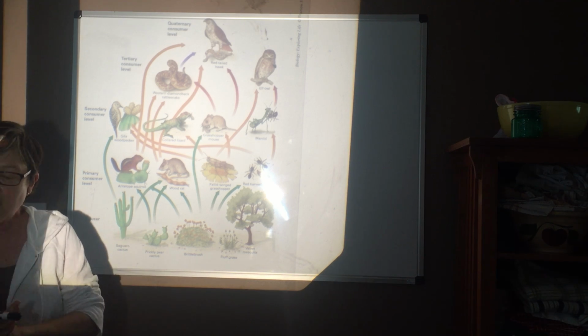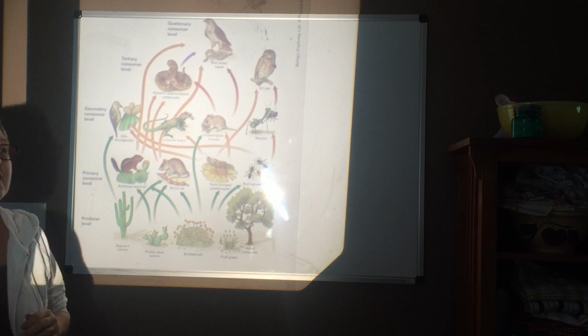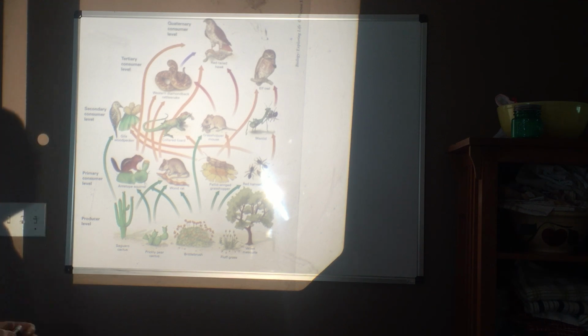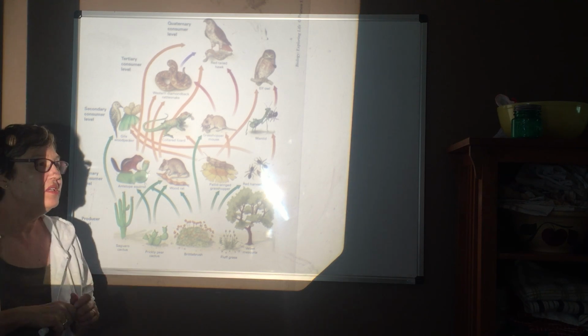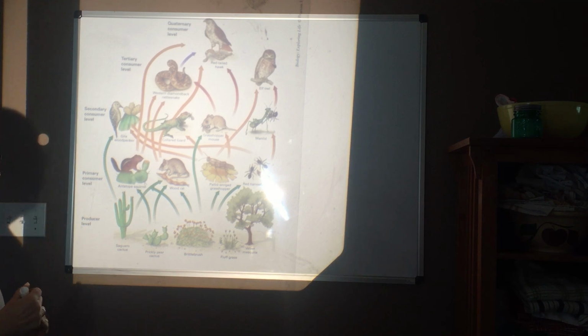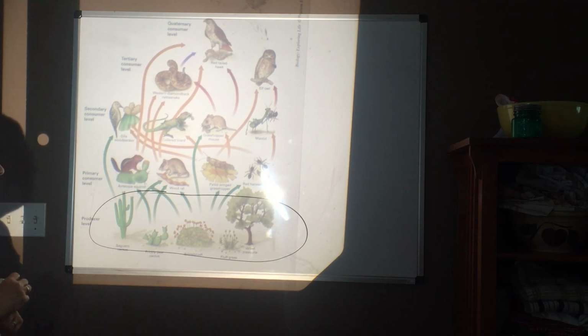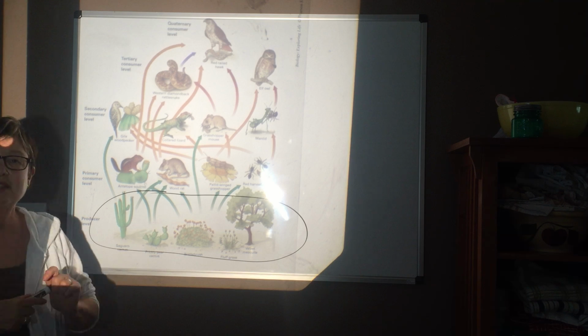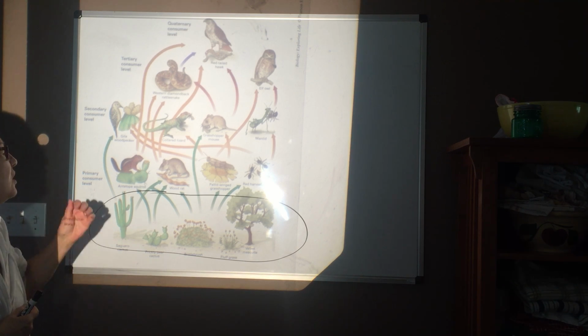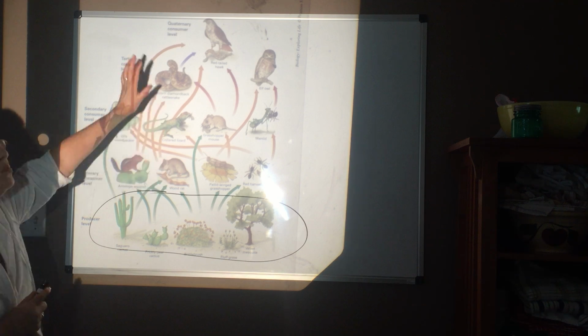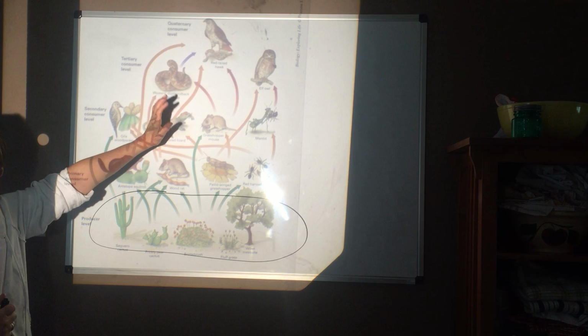Okay, so ecologists are interested in not just detailing the interrelationships here, but there's an important concept that's been derived from all of this data from various ecosystems, and that concept has to do with the fact that the primary consumers, this level here, really dictates the amount of consumers that are present in a given ecosystem.